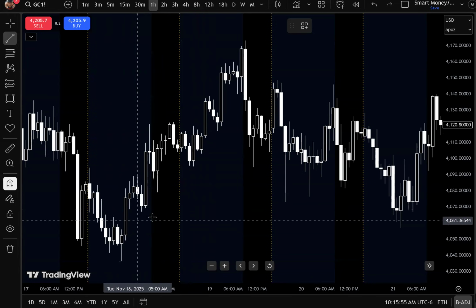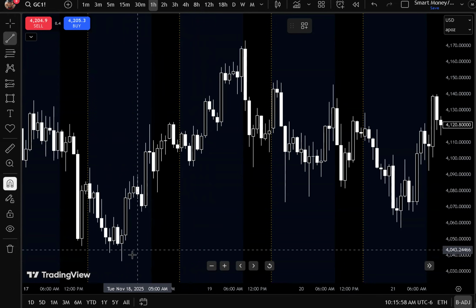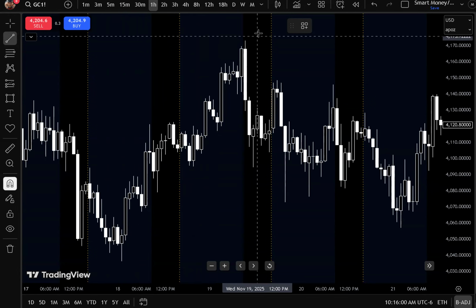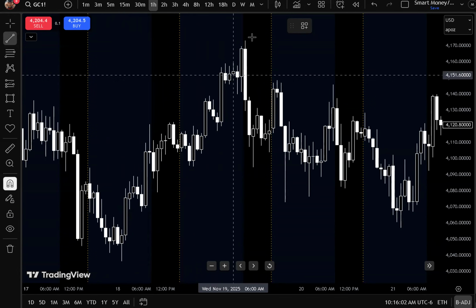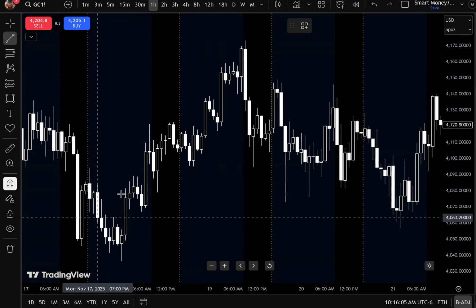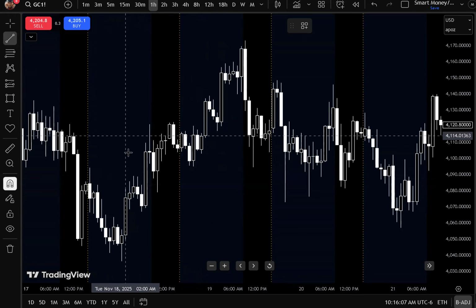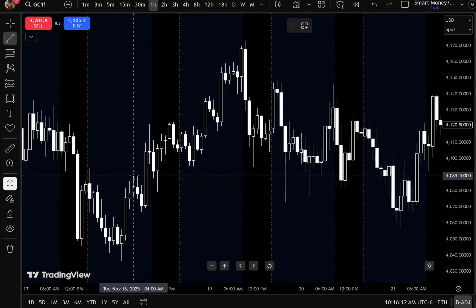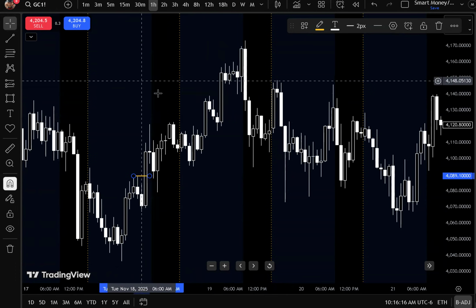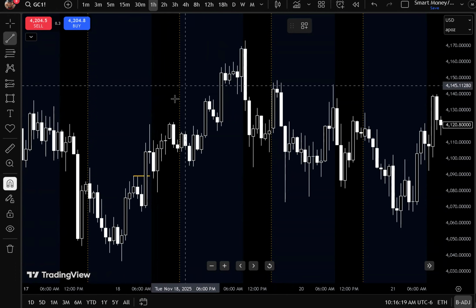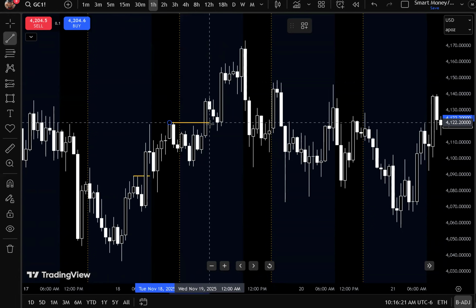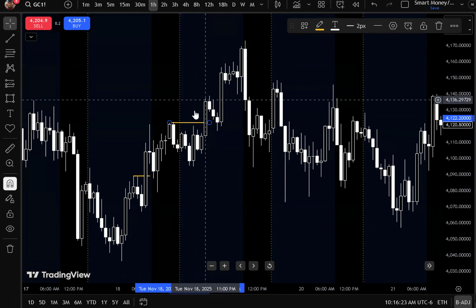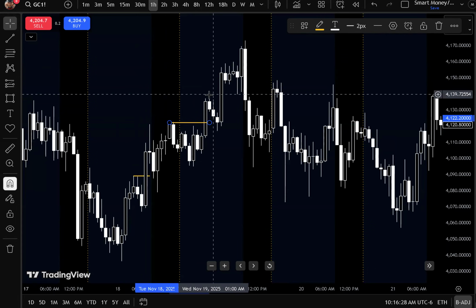So if we focus on this range from the low swing to the high swing, you can see we have several breaks of structure, and it gives us several areas of indication. Look, we got a break of structure here, indication, boom. We got breaks of structure here. Everywhere these highs are broken, we get indication.